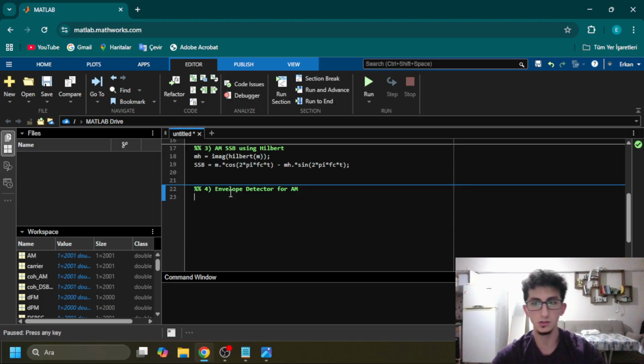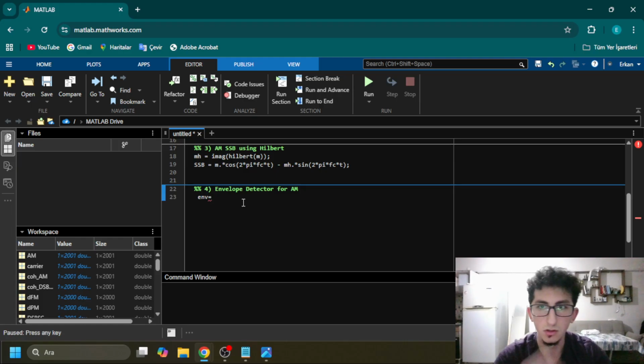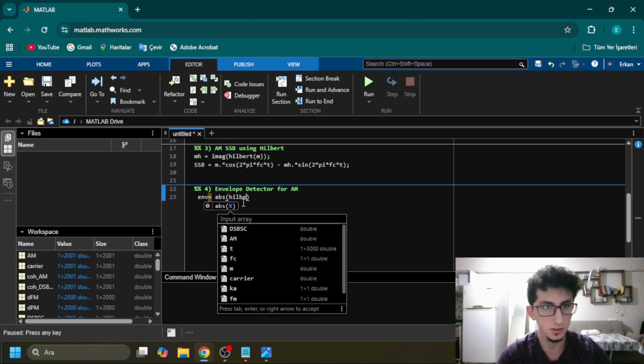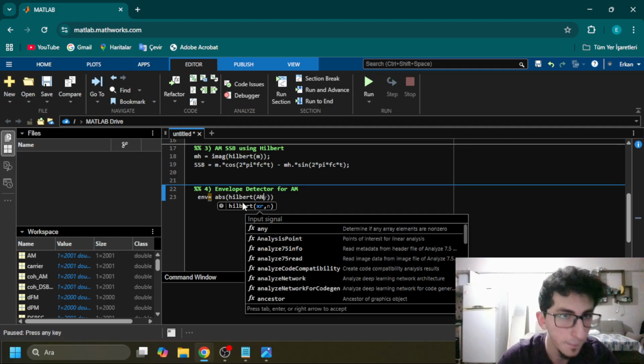So what are we gonna do in this code? So the envelope of the AM signal is detected using the Hilbert transform magnitude. So we are gonna use Hilbert again. So here env equals to abs Hilbert and also am.